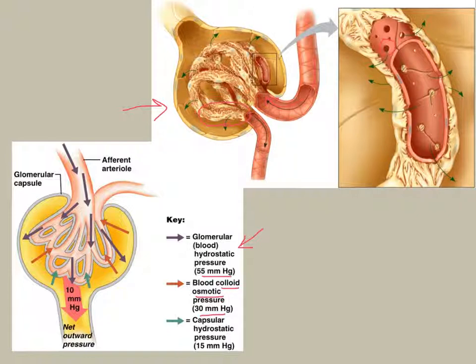The pressure inside the capsule, just by the fact that there is fluid out there pushing in on the capillaries, is about another 15, so that altogether there's a pressure of about 10 millimeters of mercury pushing on the way out. This is the average pressure. It can vary depending upon your blood volume or other situations in your body. But basically there's always a slight net pressure pushing the filtrate out of those capillaries and into this collecting system that becomes the tubule of the nephron.